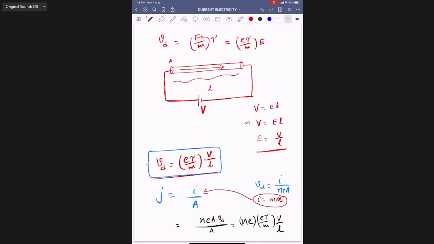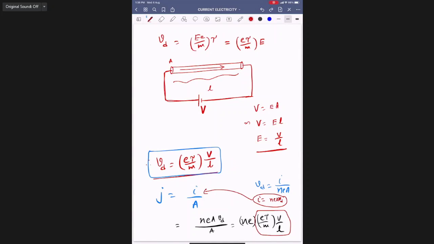We'll substitute here. Then area cancels. What you got? ne into how much? vd. But what is vd? e tau by m into V by L.